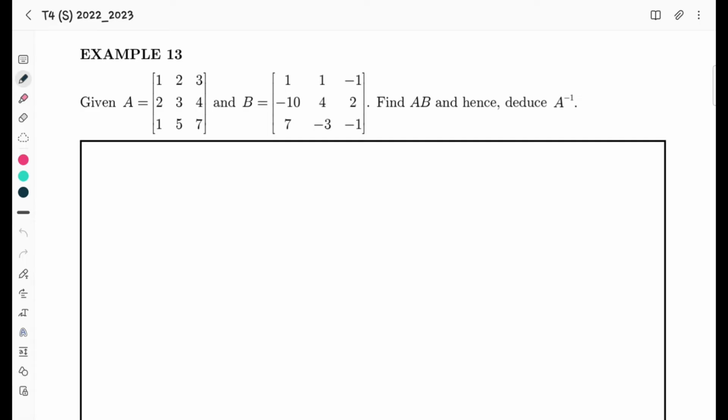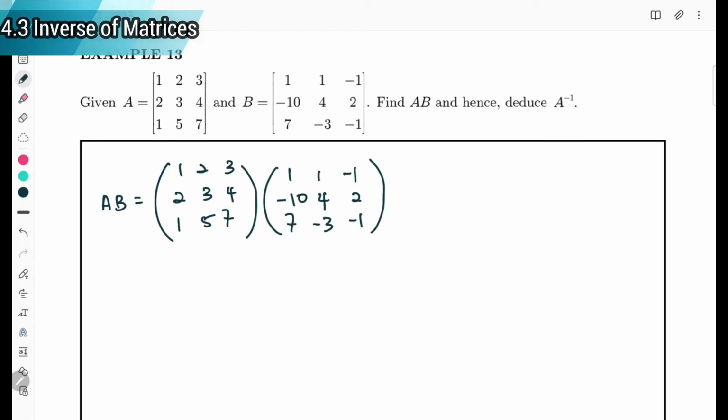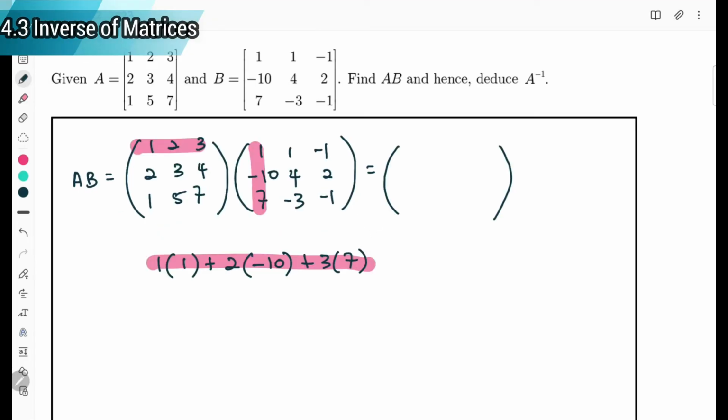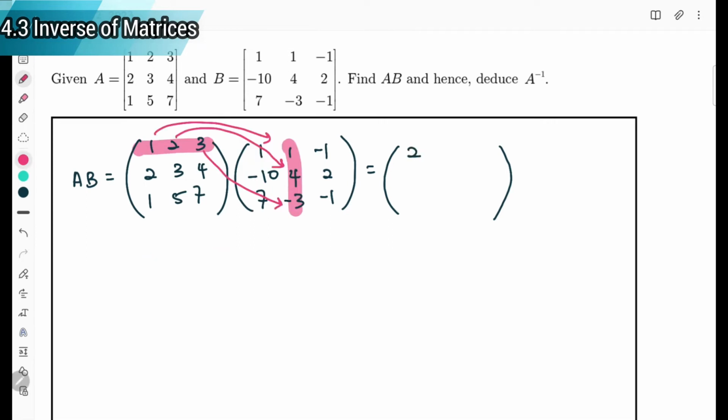Given A and B, find AB and hence deduce A inverse. So first of all, we need to find AB, the product of AB. Okay, so 1 times 1 plus 2 times negative 10 plus 3 times 7, you get 2. 1 times 1, 2 times 2 times 4, and 3 times negative 3, you get 0.